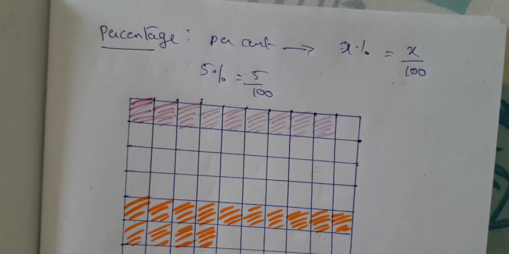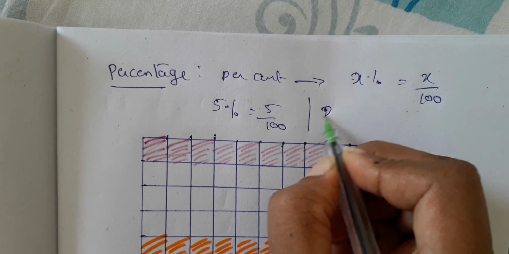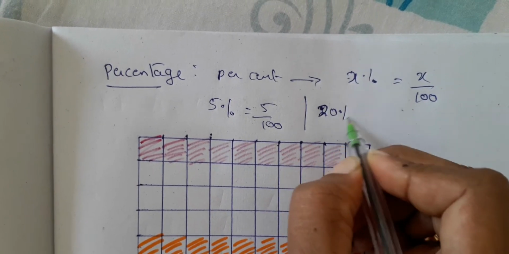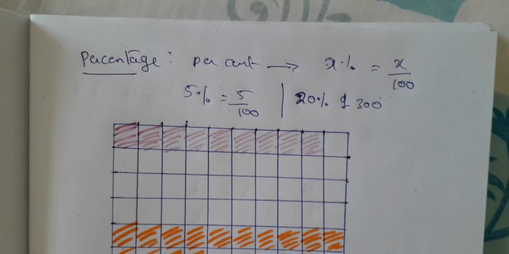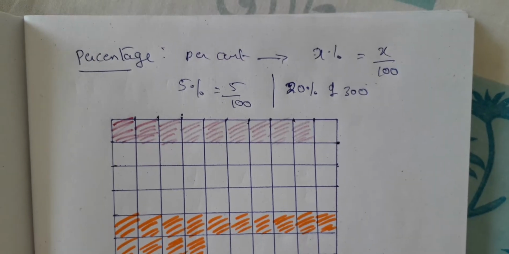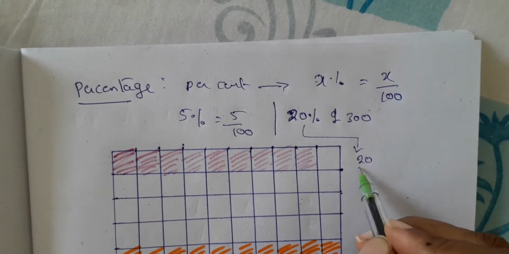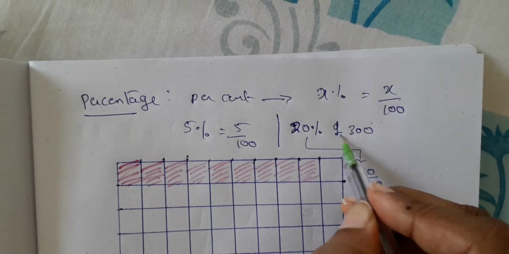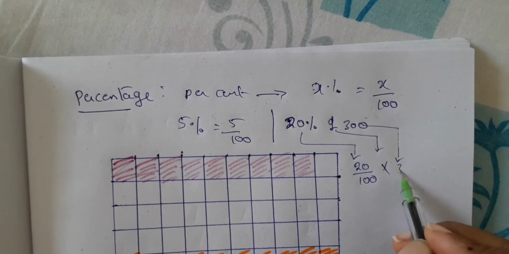Of how much? Suppose if I say 20% of 300, how are you going to write? So, easy way. What is meant by 20%? 20 by 100. Of means into 300 as it is.